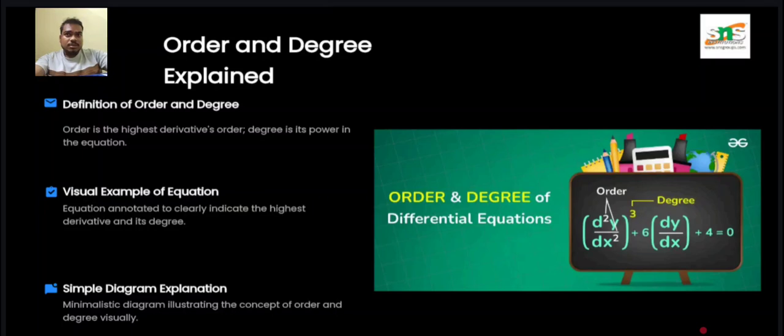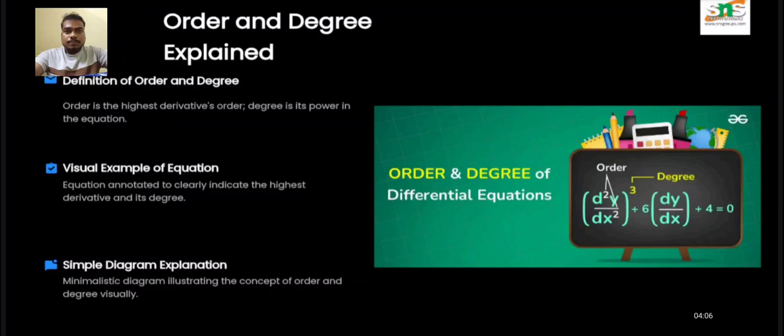A small mistake in identifying the highest derivative or misunderstanding the form of the equation can lead to the wrong answer. Overall, this topic is less about calculation and more about clarity of concept. Once you understand what to look for, you can answer these questions quickly and accurately.